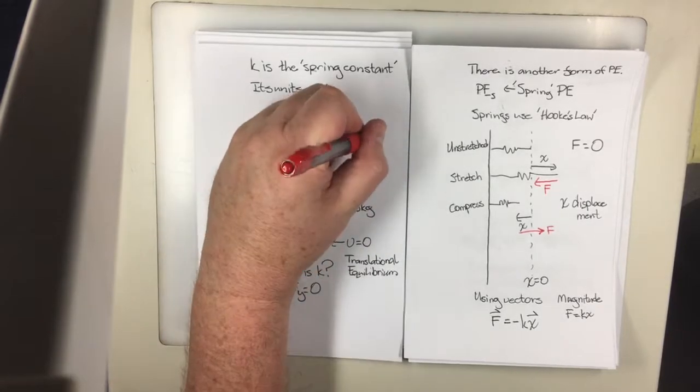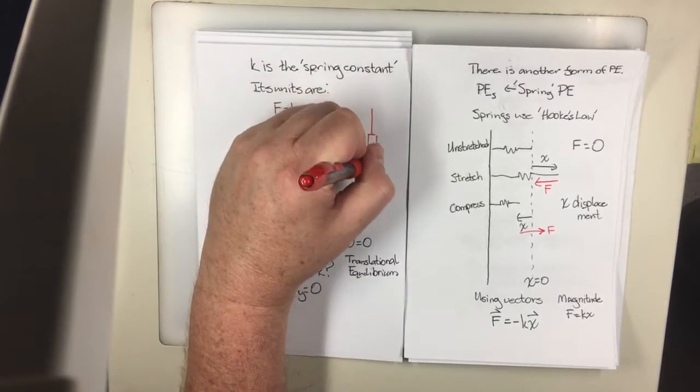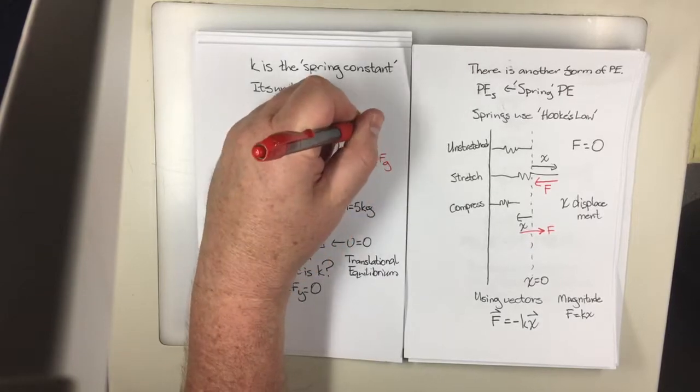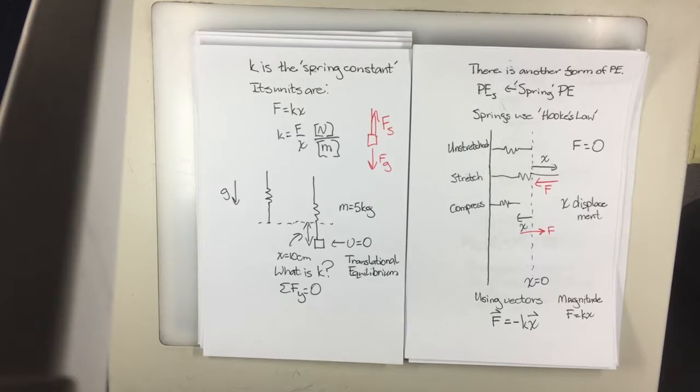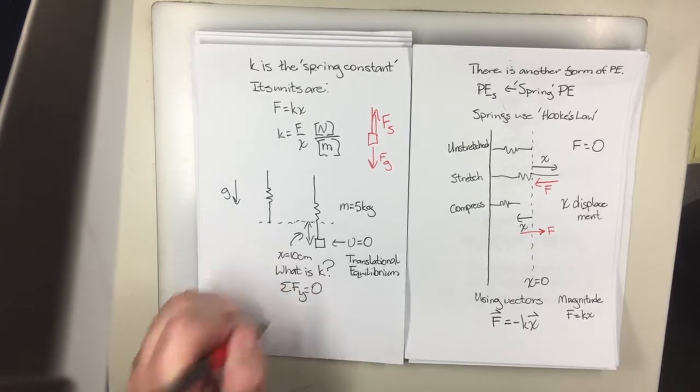You have the force of gravity pulling down, but you have the force from the spring pulling up. And those forces balance, because if its velocity is 0 and it stays 0, you know that acceleration is 0. If acceleration is 0, then the sum of the forces, because the sum of the forces is equal to ma, is 0. And so that's why I get to write this.